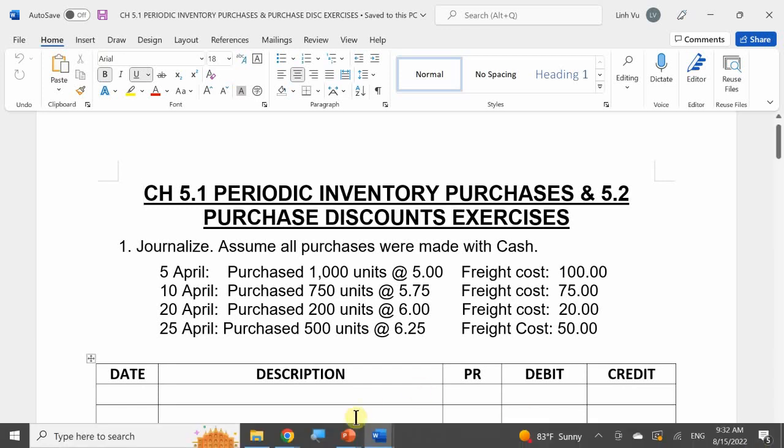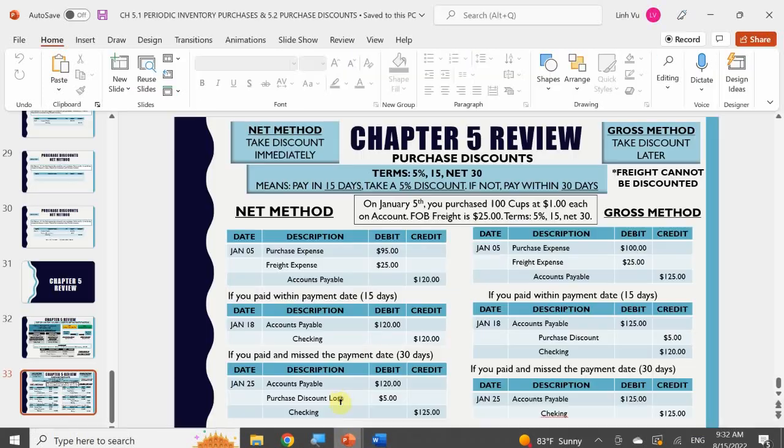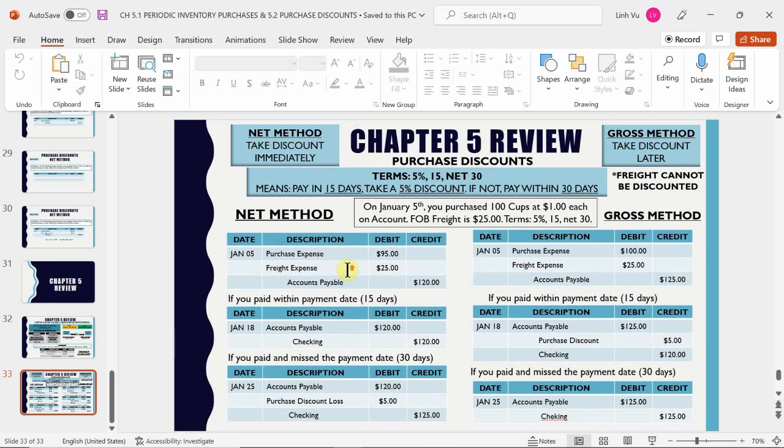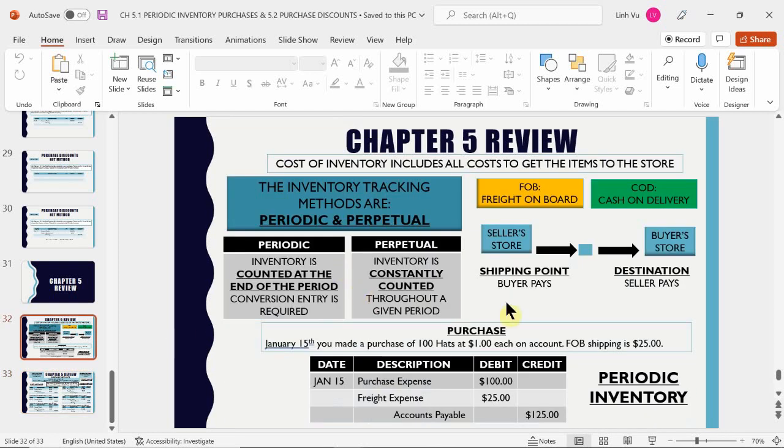Yeah, I was wondering about the freight on board. The seller's store, cash on delivery, buyer's store, the shipping point and destination, the buyer pays and the seller pays. For example, for the seller's store, it says the buyer pays.